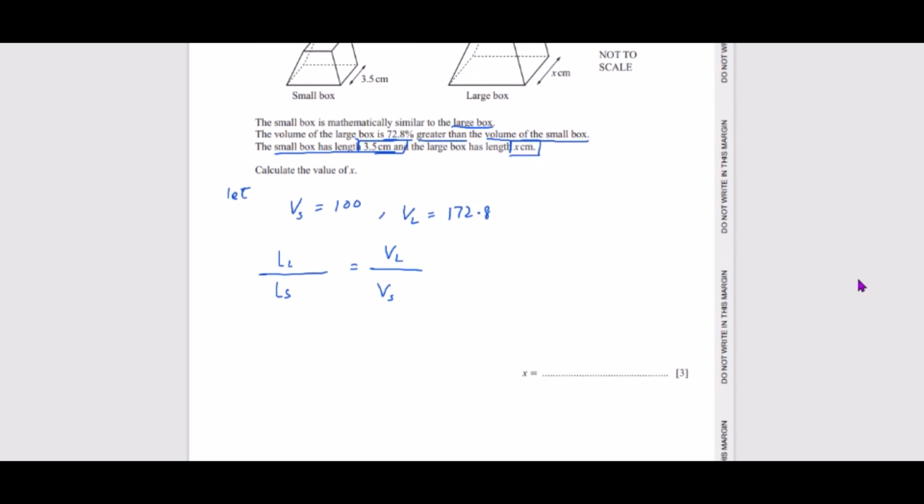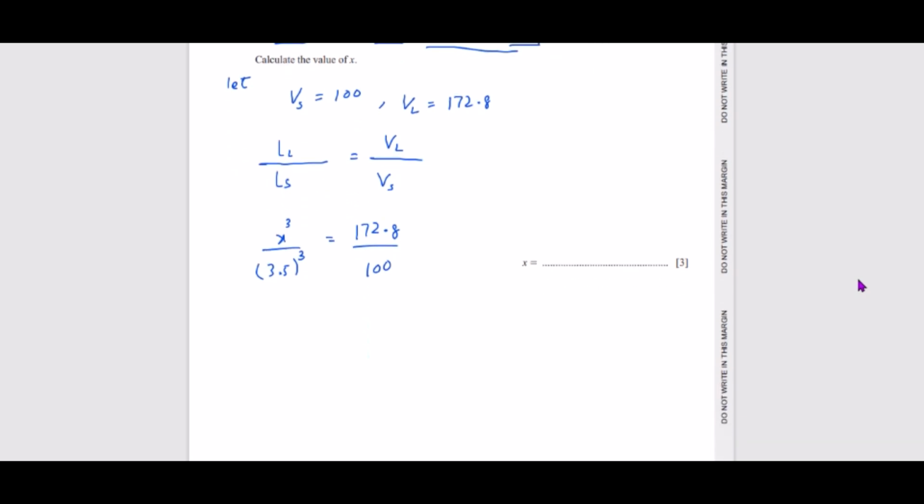So the volume of the large box is x raised to the power 3, and the volume of the small box is 3.5 raised to the power 3, which is equal to the volume of the large box, 172.8, divided by the volume of the small box, 100.